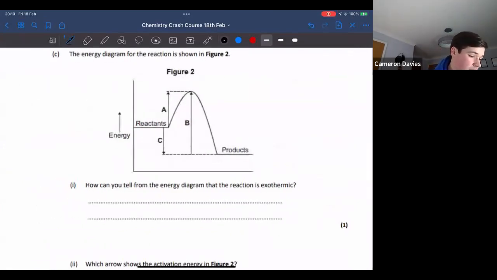So the question is asking, how can you tell from the energy diagram that the reaction is exothermic? Firstly, we need to work out what A, B, and C are actually referring to. A is what we were looking at before as activation energy.